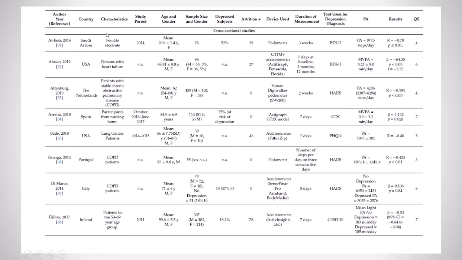The author, population characteristics, when it was published, or data collection period we've got here. And different characteristics depend on the study design that the review was interested in.